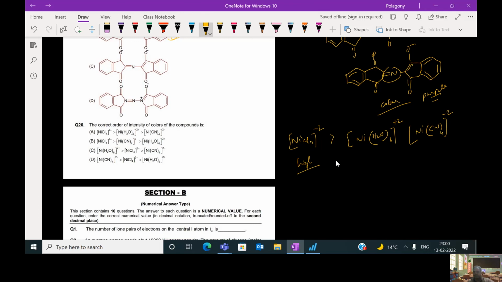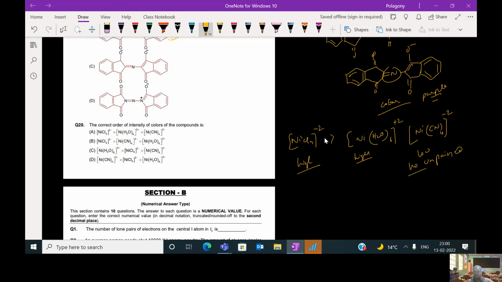Unpaired electrons are present in the first, and in the second also, high spin. In the third it is low spin, so there are no unpaired electrons.